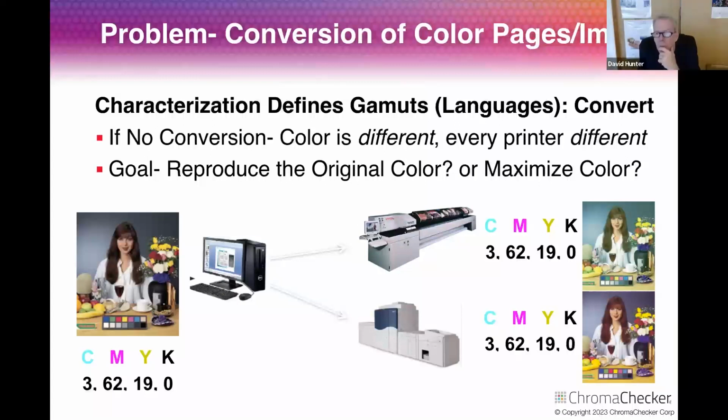So let's talk about strategies for setting up your printers now, because you need to ask yourself, is the goal to make all my printers match one another? So do I want to match my ViewTech with my Xerox? The ViewTech typically has a larger gamut than the Xerox.